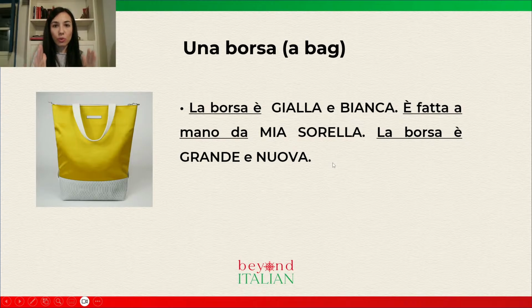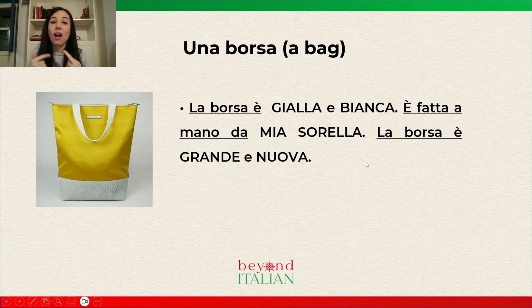Again, we simply took some expressions in Italian, we completed these expressions with some information about the bag, and then we built our description with small and short sentences. It is simple. So you just need to use some information like adjectives to describe the quality of an object.